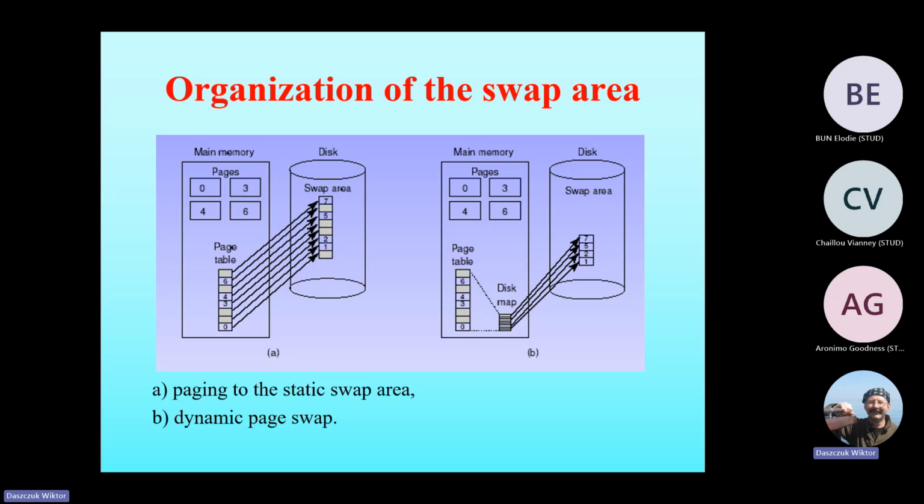But on a disk we have a continuous area in which pages of a given program are stored. This picture is misleading in several aspects. Because if we have a page in a table, in memory, it is on the disk as well.